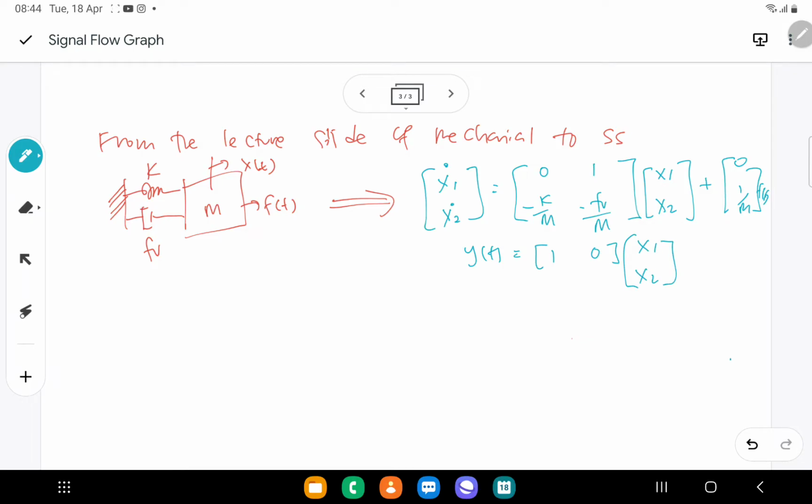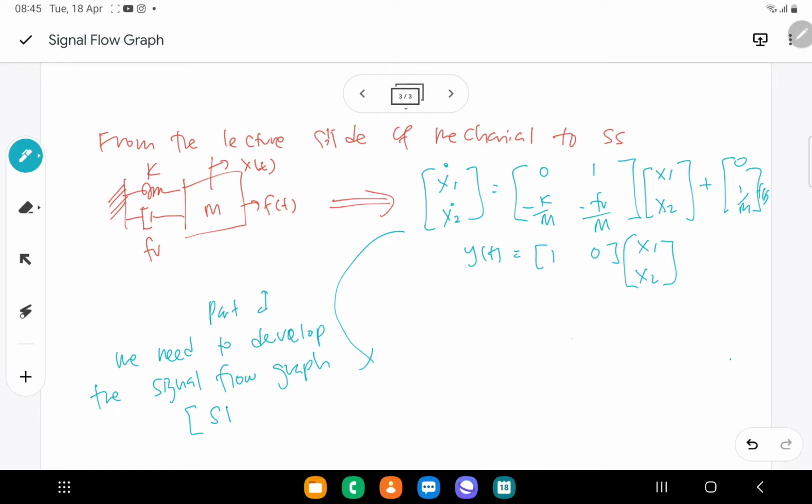Okay, so now what we need to do firstly, our target for part 1 of the lecture, we need to develop the signal flow graph. In the future I will use SFG as the short form for signal flow graph.